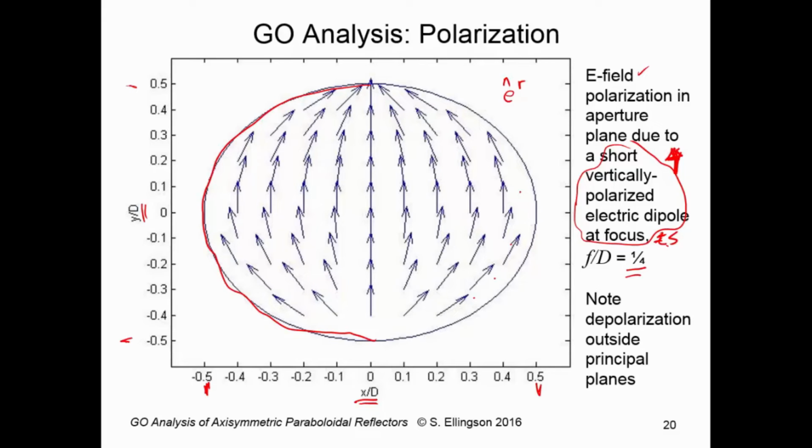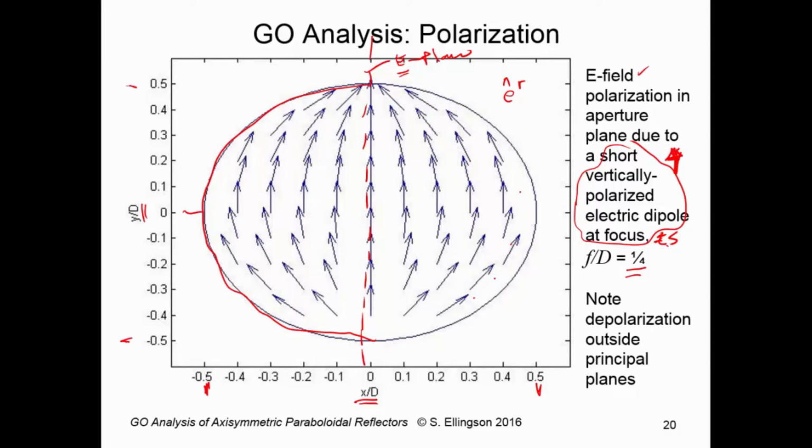However, having done this, we now have this picture, and what we see is in part what we expect, and part might be a little bit surprising. For example, if we look at this plane here, by the way, which is the E plane, we see that the polarization vectors are exactly as expected. Right? The reflected field has the same polarization as the incident field.